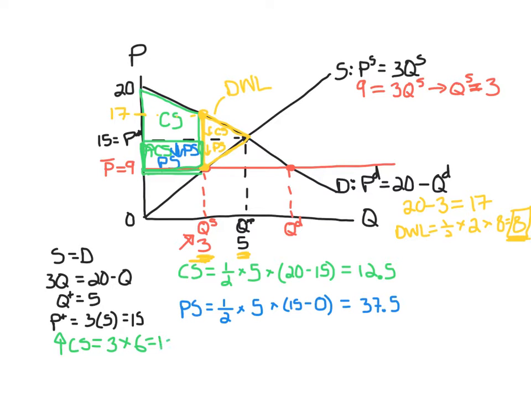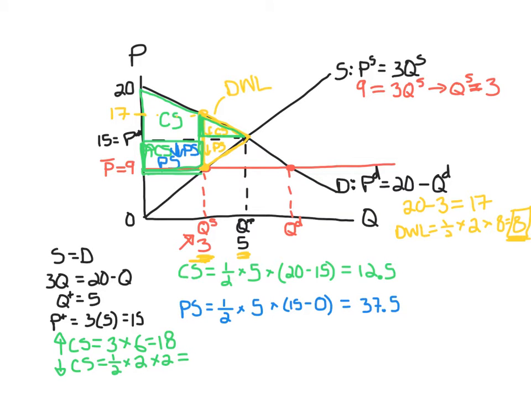So consumers gain 18, but then they also lose that little bit of the deadweight loss triangle, right? And we have everything we need to calculate the area of that triangle. So the area is equal to 1/2 times the width. The width is from 3 to 5, so 2. And then the height is between 17 and 15, so another 2.